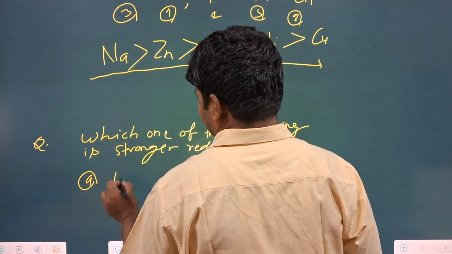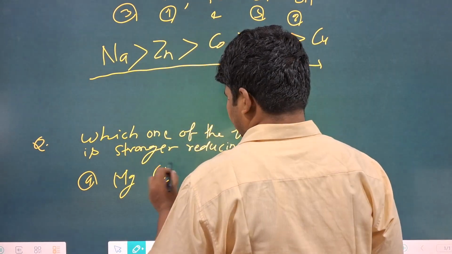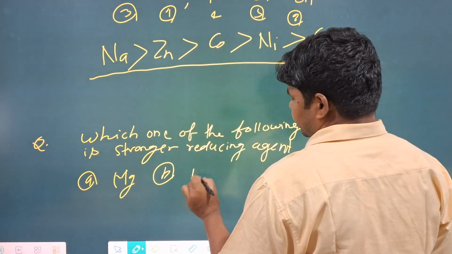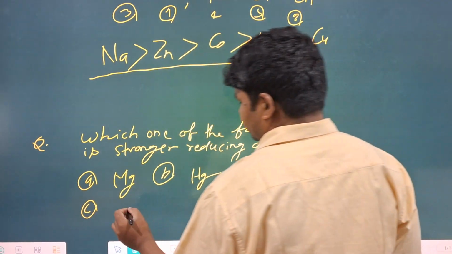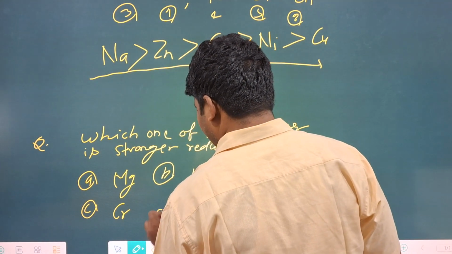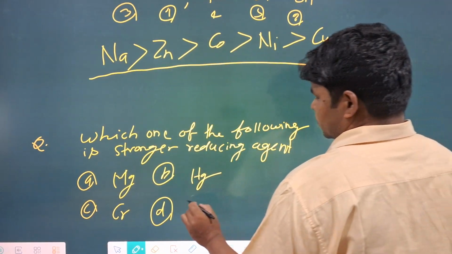Option A, magnesium; option B, mercury; option C, chromium; and option D, zinc.